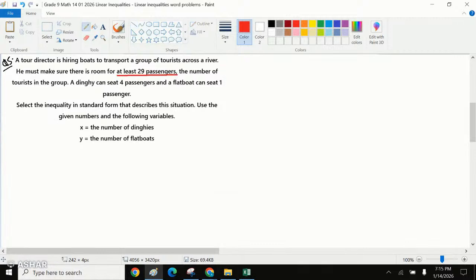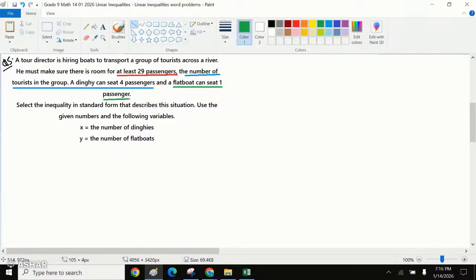Okay. We are given a total of 29 passengers. The small boat can seat 4 passengers, right? And the flatboat can seat 1 passenger, right?